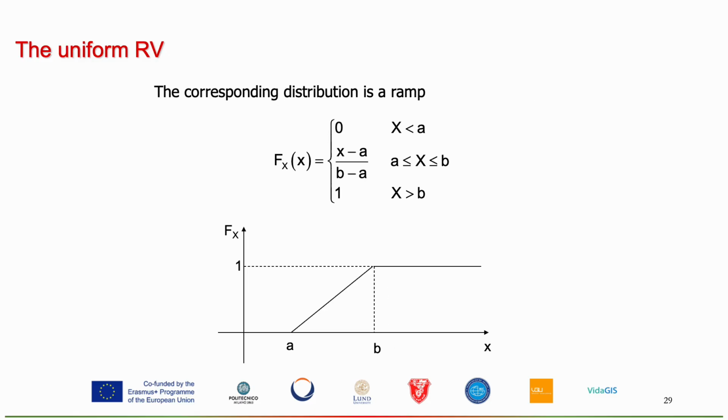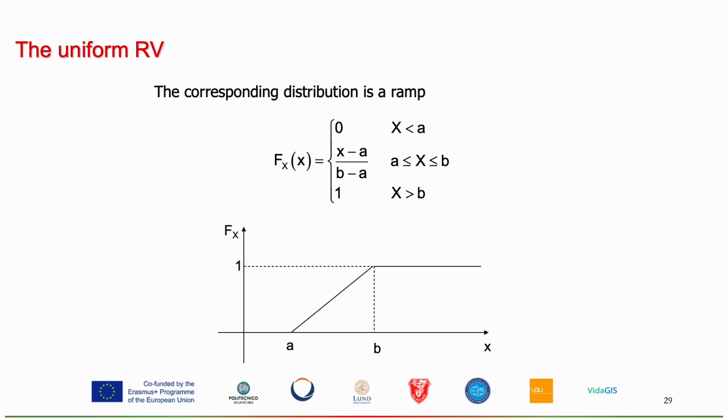What is the corresponding cumulative distribution? It is clearly a linear ramp. Remember that the density function is the derivative of the cumulative distribution. So capital F of x is equal to 0 for x smaller than a.